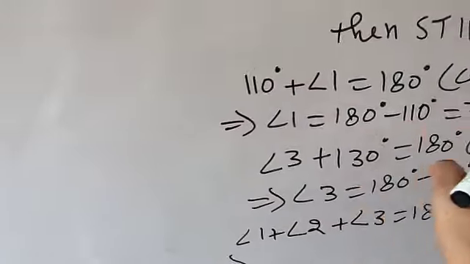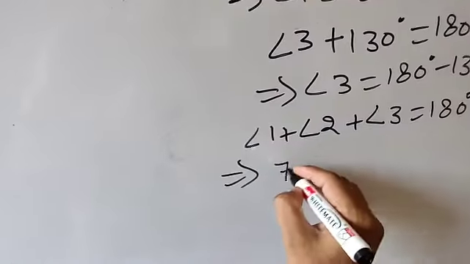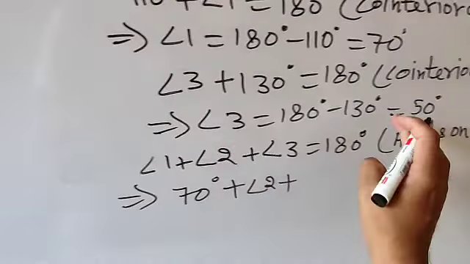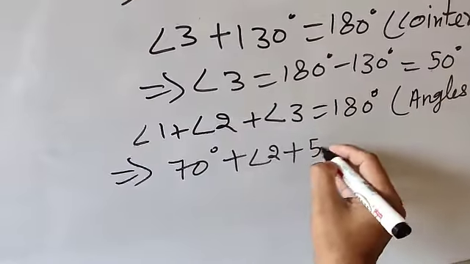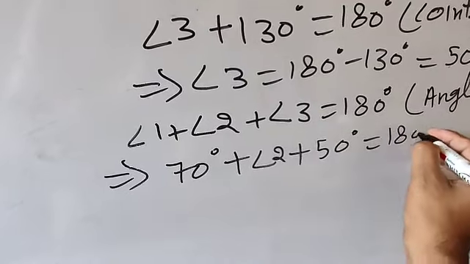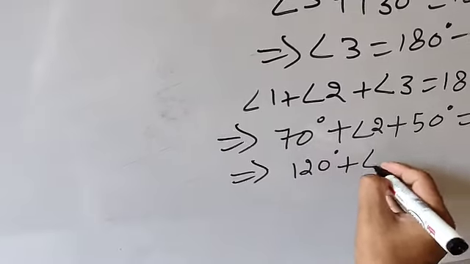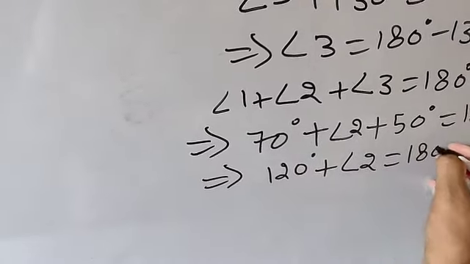Angle 1 value is 70 degree. So 70 degree plus angle 2 plus angle 3, that is 50 degree, equal to 180 degree. It shows that 120 degree plus angle 2 equal to 180 degree.